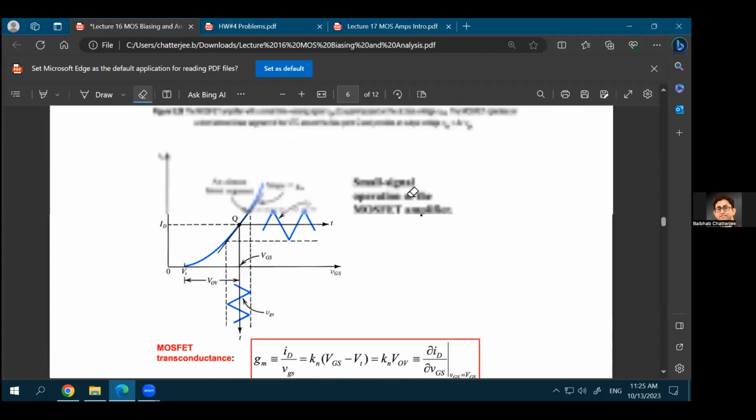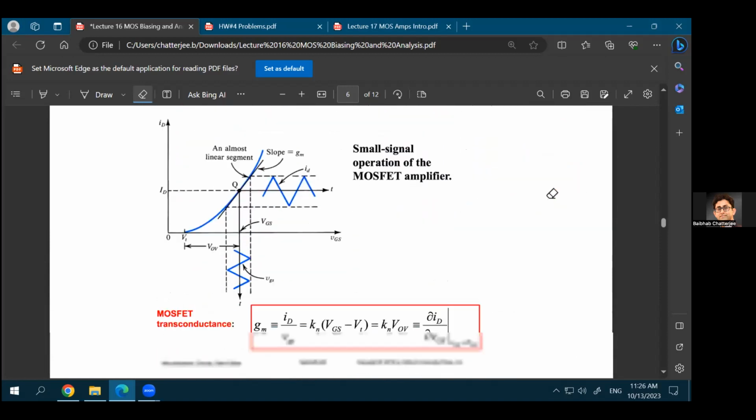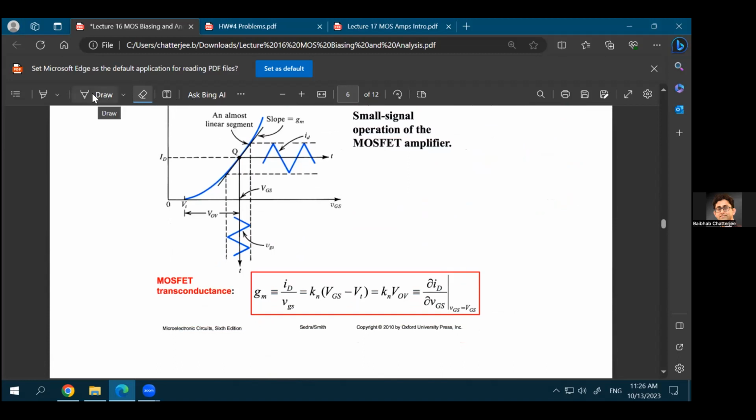Now to understand how much voltage gain we'll have, or whether the slope will be more than 1 or not, we have to look at a very important property of the MOSFET, which is called the transconductance. The transconductance is represented as Gm. You know that G is basically 1 upon R, where R is resistance and G is conductance.